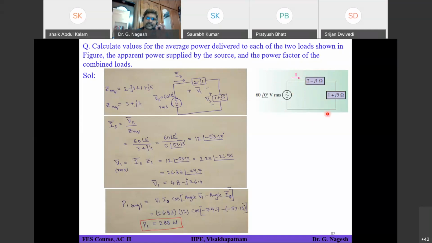When you apply V square divided by R, you are considering only the voltage across this element. The I effective you calculated and the voltage across this element are not the same. Your I is coming from the impact of this impedance also. You are understanding or not?